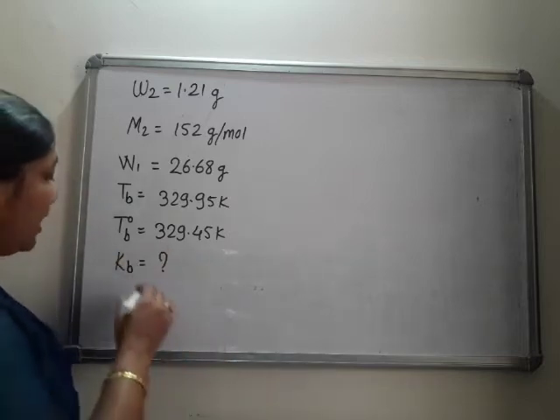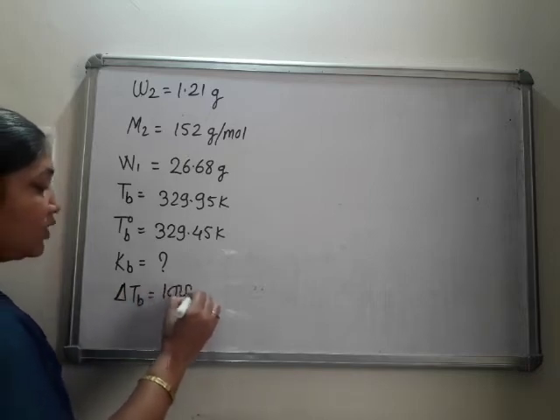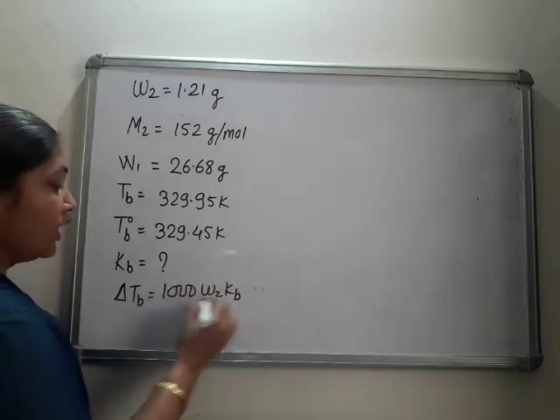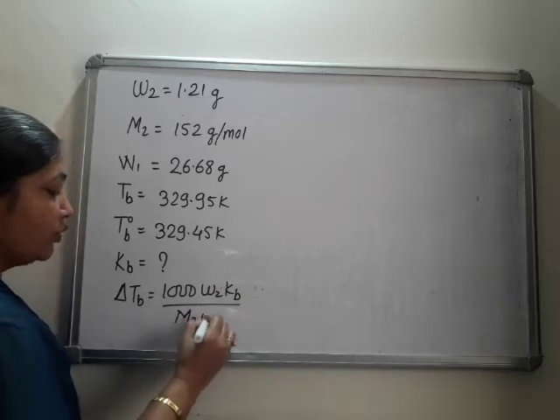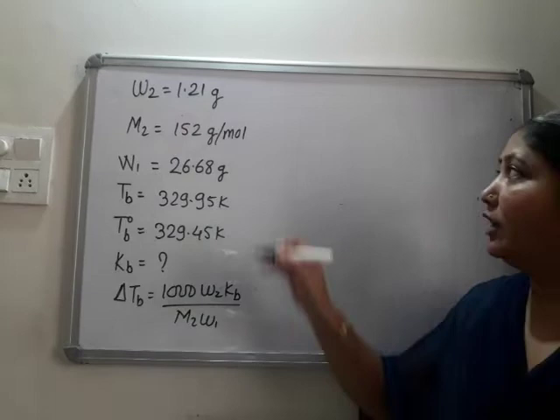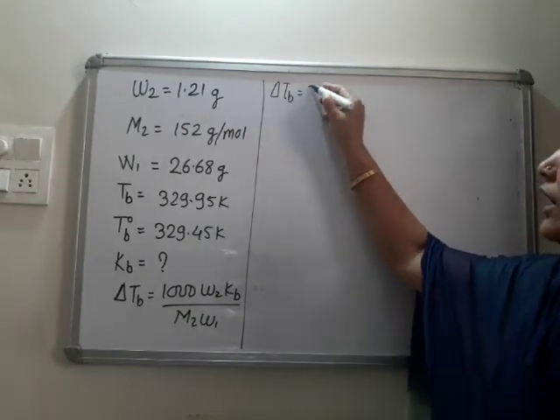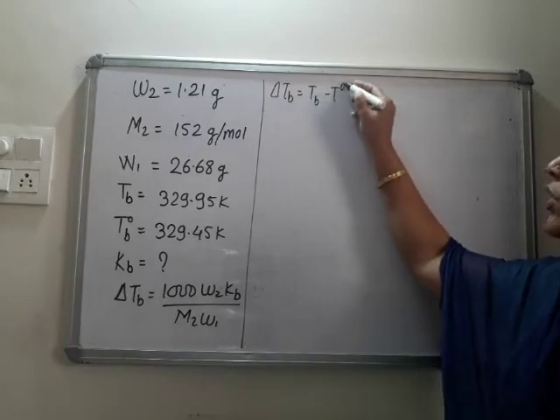So what is our formula? Delta TB is equal to 1000 W2 Kb upon M2 W1. Okay. Find delta TB first. So what is delta TB? Delta TB is TB minus T0B.